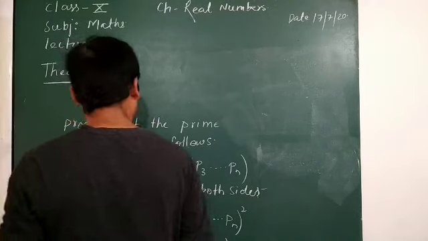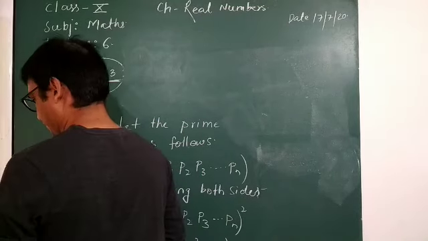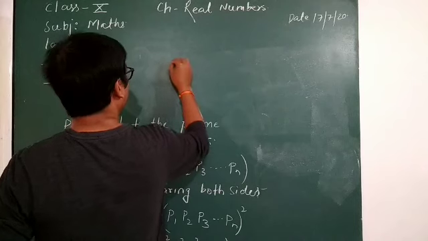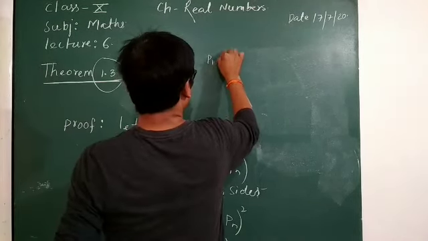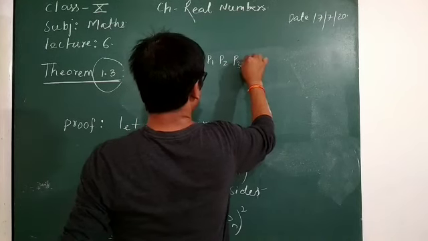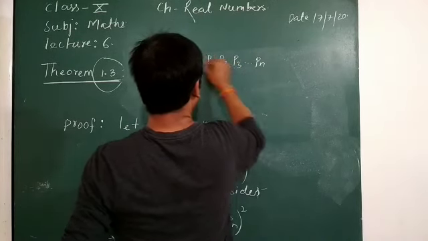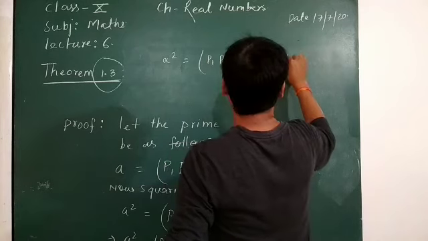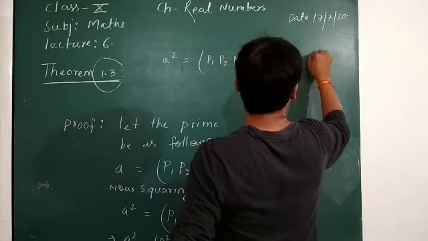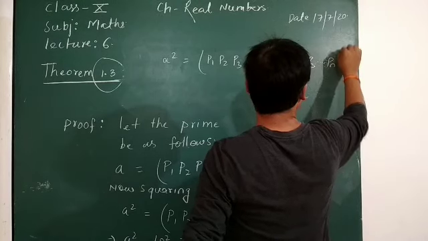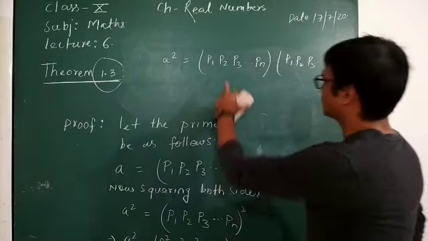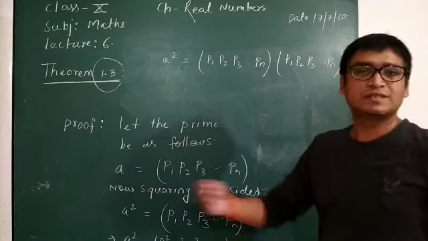So we can write A square as P1, P2, P3, Pn into again P1, P2, P3, Pn, because we have written this square number means two times the same number.